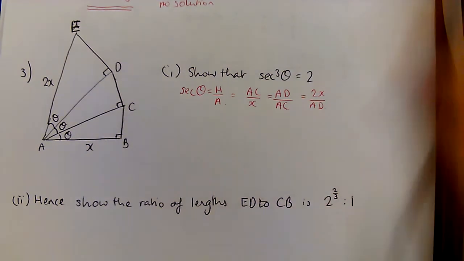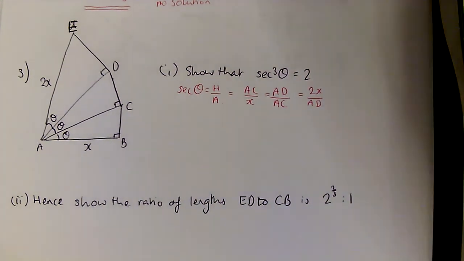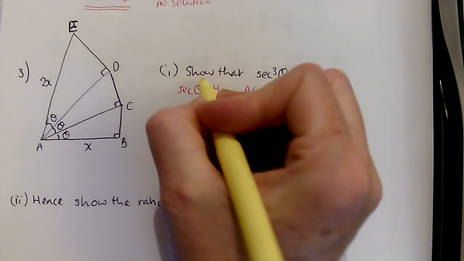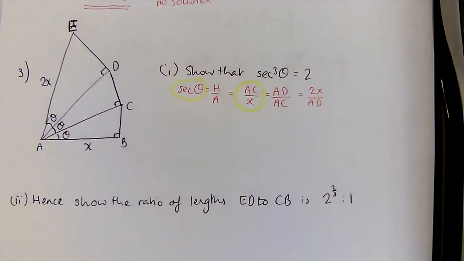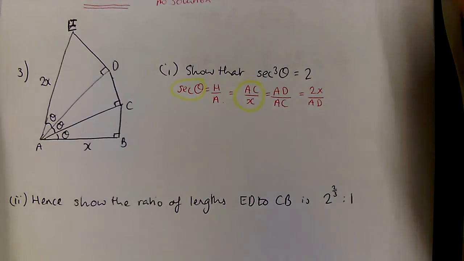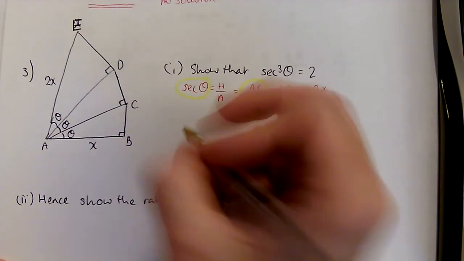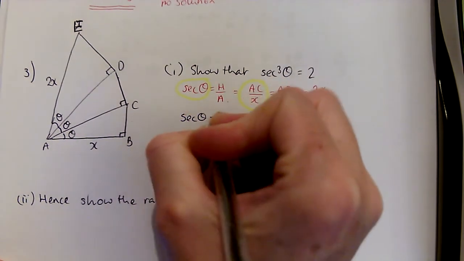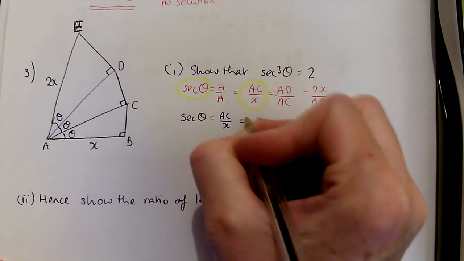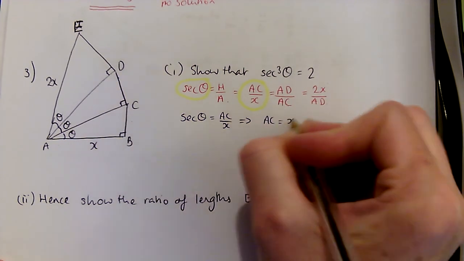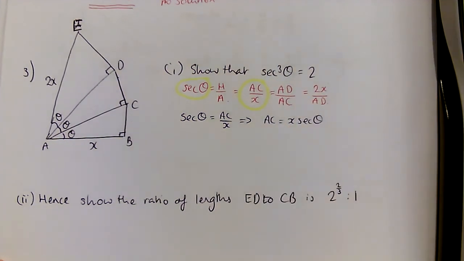So let's just look at the very first bit. I'm going to use sec theta is equal to AC over x. Now, if sec theta is AC over x, then that tells me that AC is x sec theta.